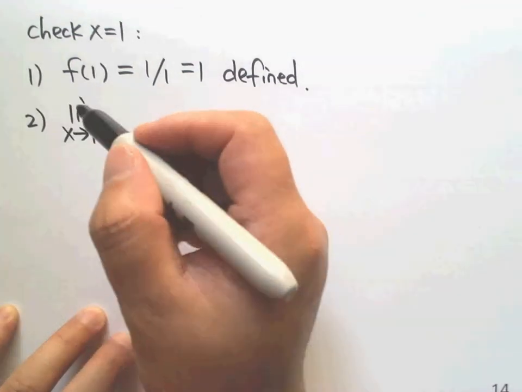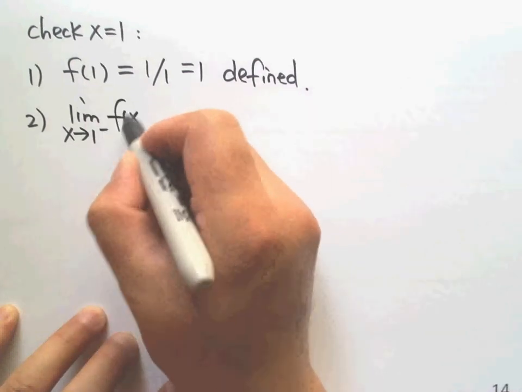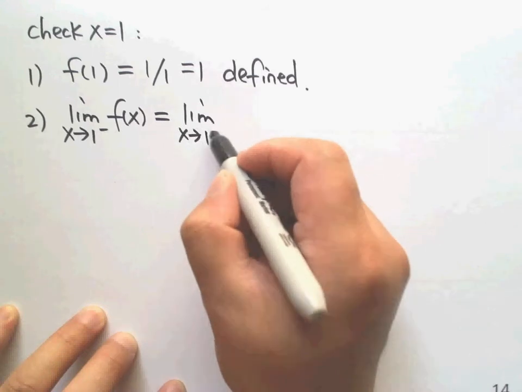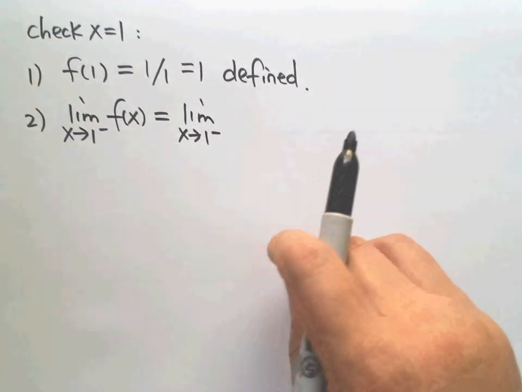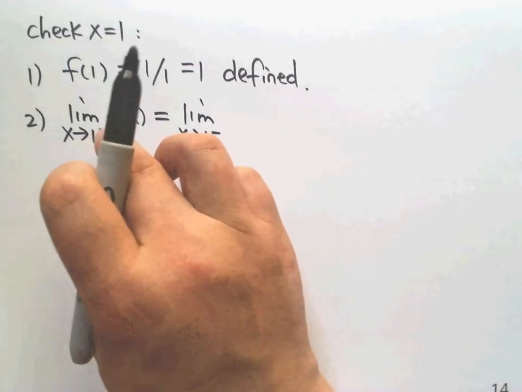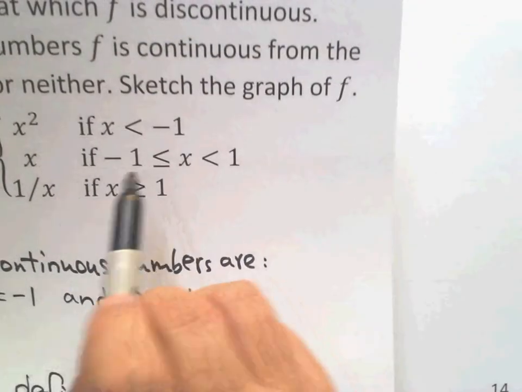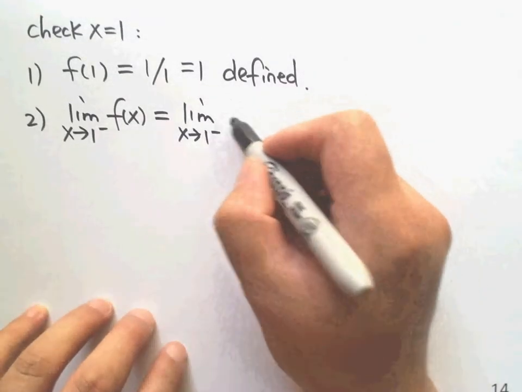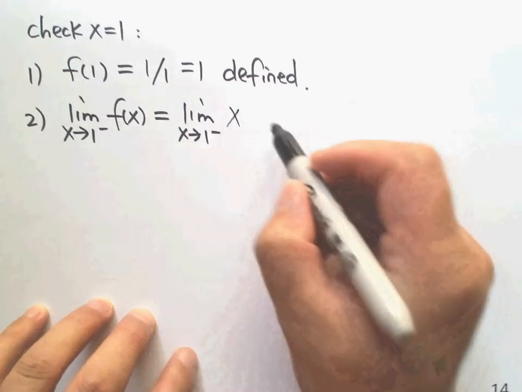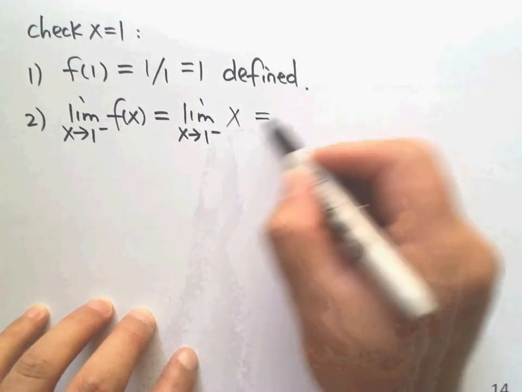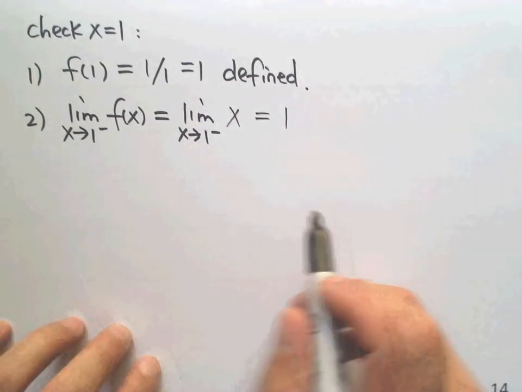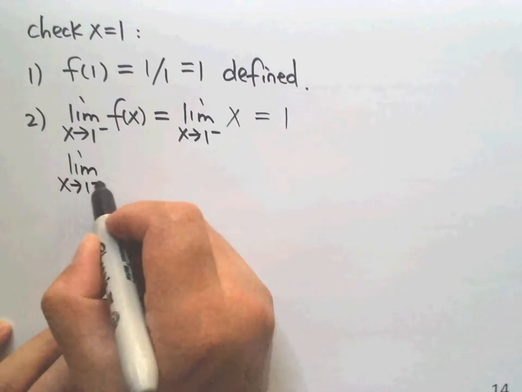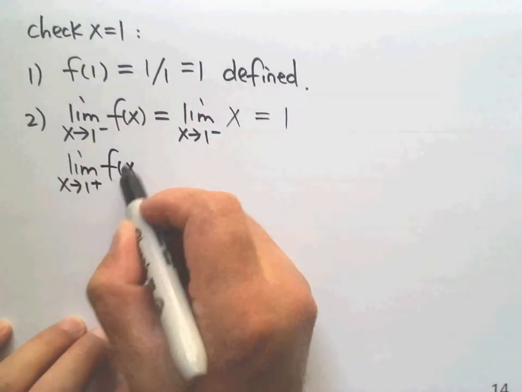The limit, the same. Because the function is piecewise, we have to look at the left-handed limit and the right-handed limit. I'll look at the left-handed first. What is the function to the left of 1? The piece to the left of 1 is the second piece, which is x. That's a polynomial, so directly substituting gives 1.